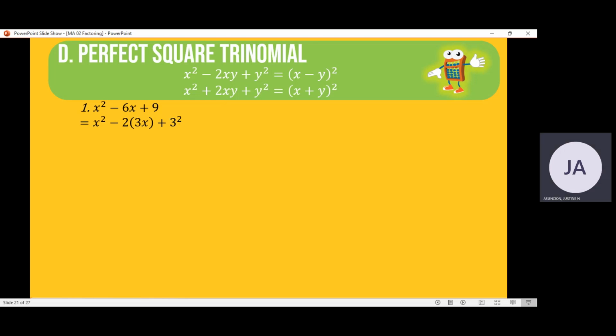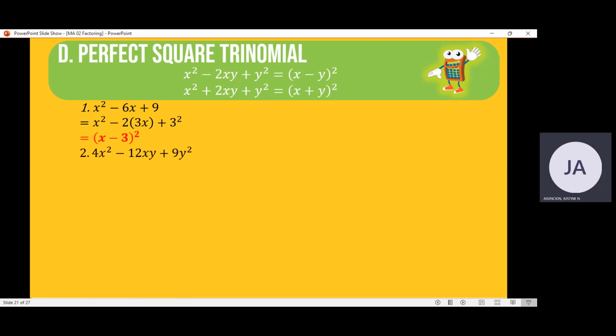So we can utilize the first form, and we have our factor, quantity x minus 3 squared. Therefore, the factor of the polynomial x squared minus 6x plus 9 is (x minus 3) squared.